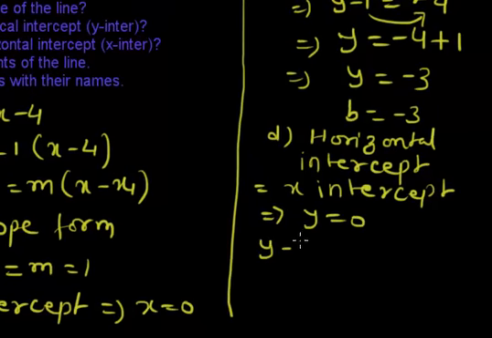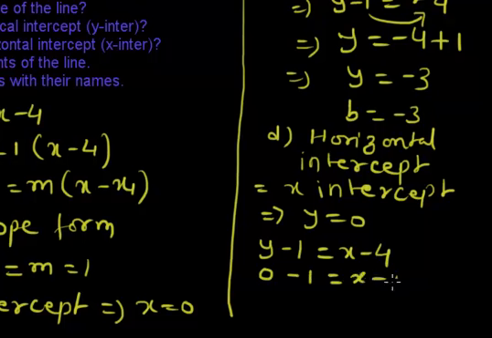I have the equation y minus 1 equals x minus 4. I'll put y equals 0. Minus 1 equals x minus 4. This 4 on the other side becomes plus 4, so minus 1 plus 4 equals x. So 3 is the value of x. So the value of y-intercept is minus 3, but the x-intercept is 3.